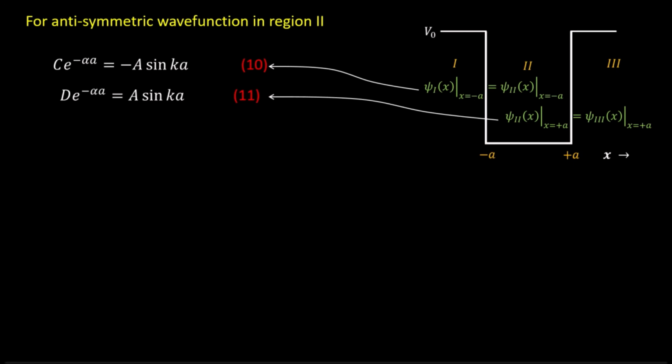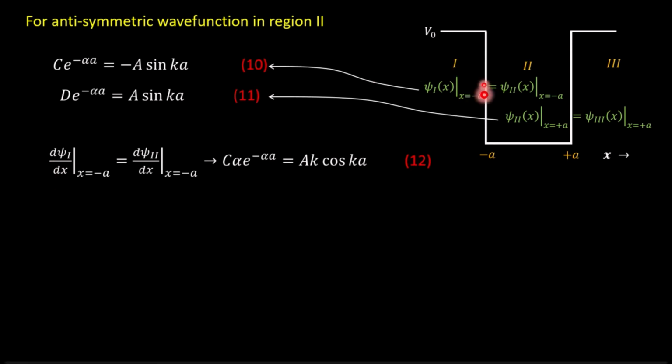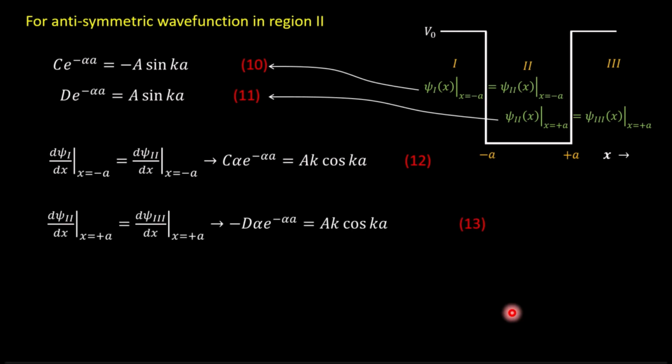And we have two more continuity equations, that is from the derivatives at these two boundaries. The continuity of the derivative of the wave function at the boundary of region 1 and 2 gives us c alpha e raised to minus alpha a equal to a k cos ka, and a similar continuity at the boundary between 2 and 3 demands this equation: minus d alpha e raised to minus alpha a equal to a k cos ka.